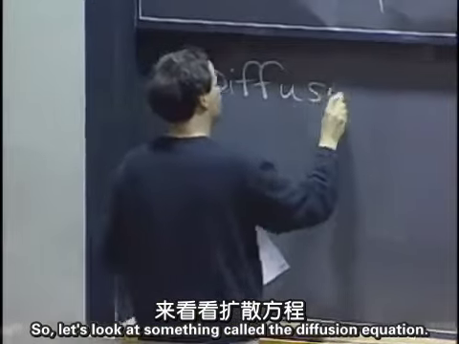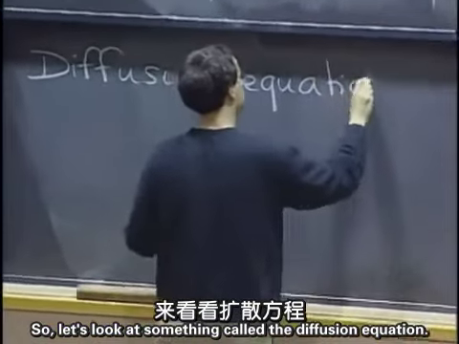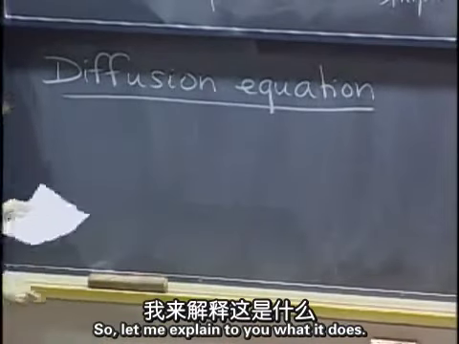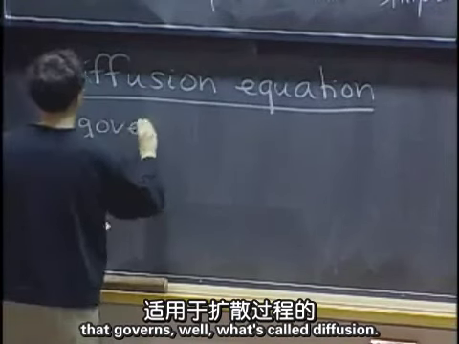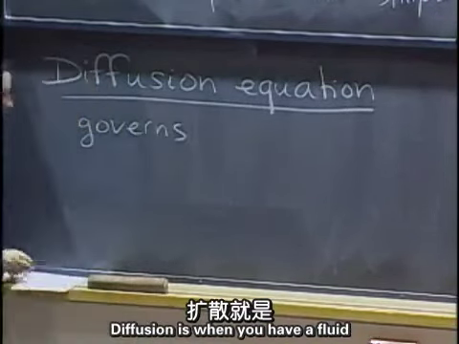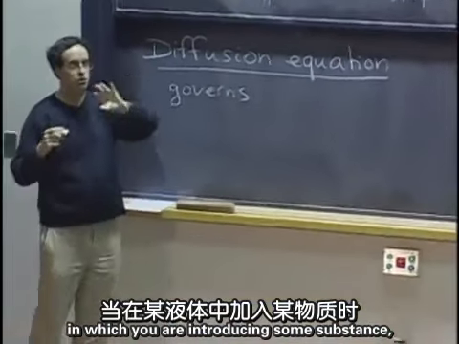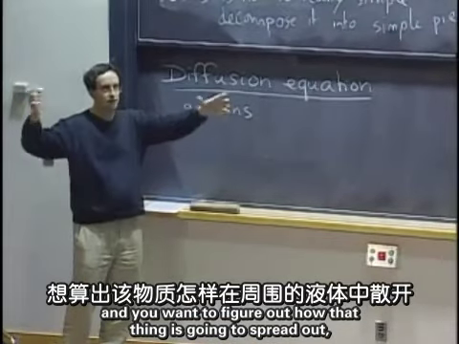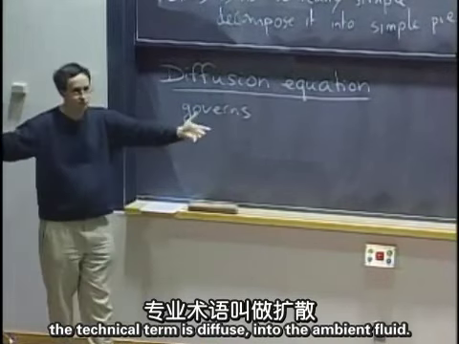So let's look at something called the diffusion equation. So let me explain to you what it does. The diffusion equation is something that governs what's called diffusion. Diffusion is when you have a fluid in which you're introducing some substance and you want to figure out how that thing is going to spread out, the technical term is diffuse, into the ambient fluid.